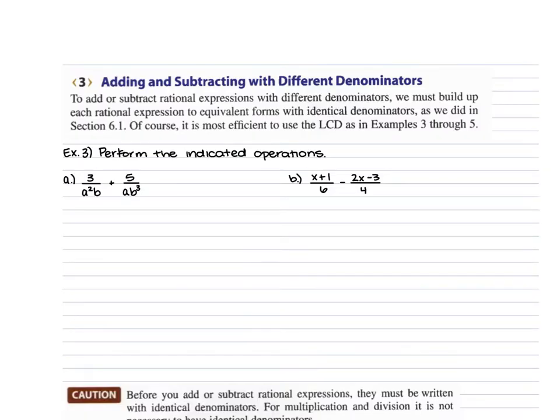With example 3, we are now adding and subtracting these rational expressions when they do not have the same denominators. So we want to make sure we have the same denominators before we add or subtract. If we look at example 3a, we are given 3 over a squared b plus 5 over ab cubed. You got to first find your least common denominator between these two denominators.